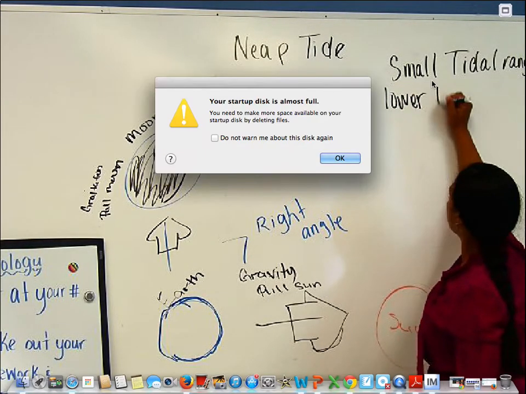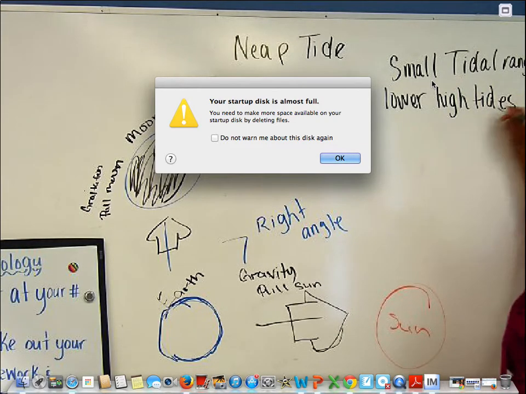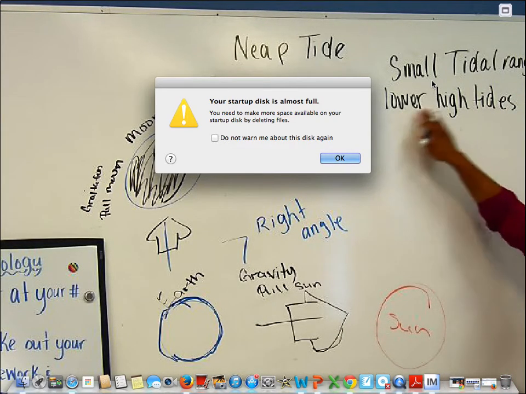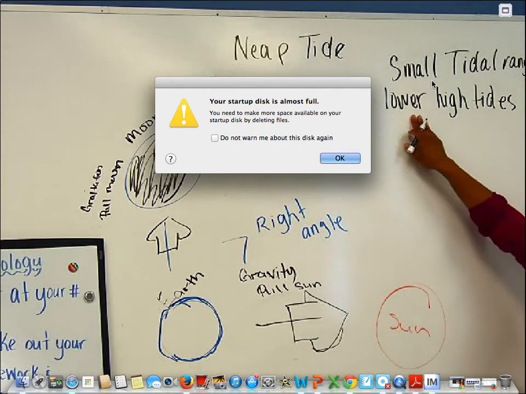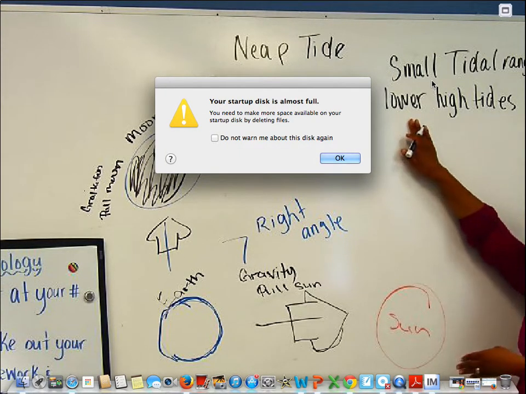Lower high tides. That can be confusing because it's lower high. So that means your high tides are not as high as they are when it's a full moon and a new moon. So people who have real estate in that area don't have to be worried about the high tides during that time. They know the high tide is just going to wash up all over the beach a little further, but it's not going to flood their homes.